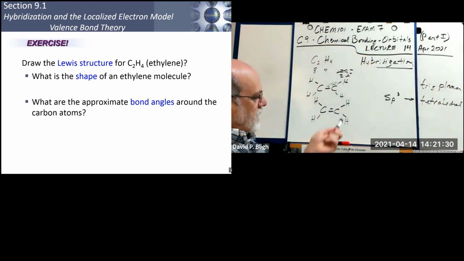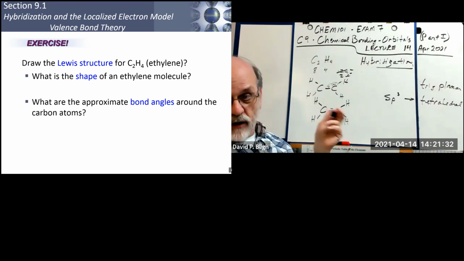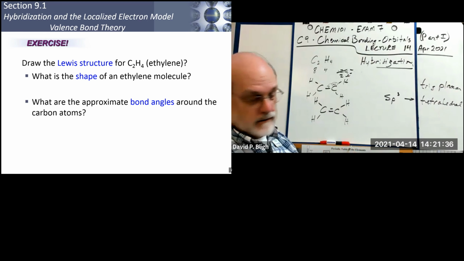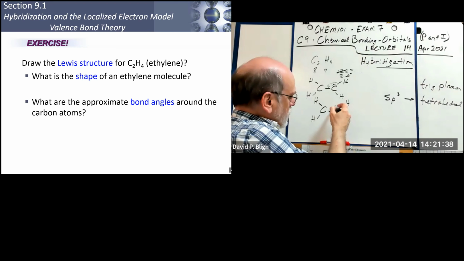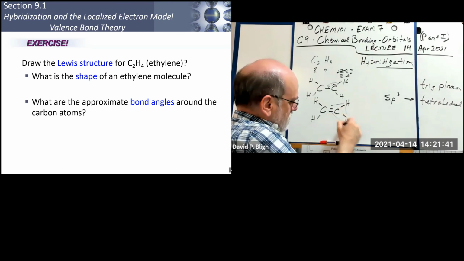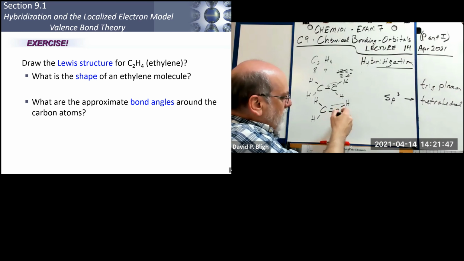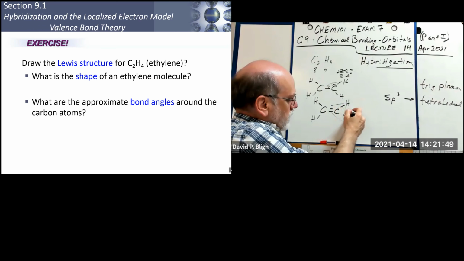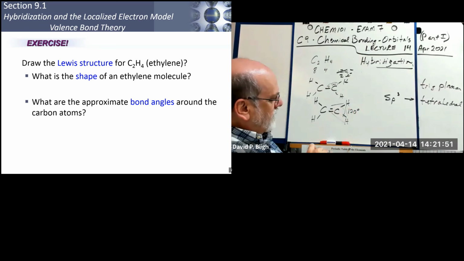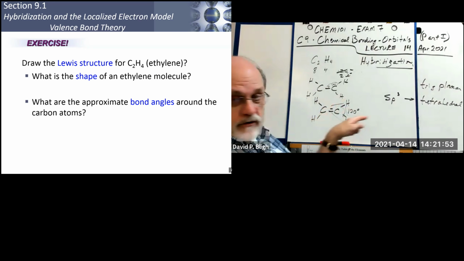Okay. How many equivalent orbitals do we need for a trigonal planar with a 120-degree angle? So around that one, we've got this triangle. That's our trigonal planar right there. And the bond angle is 120 degrees, right? Each one of those angles is 120 degrees.